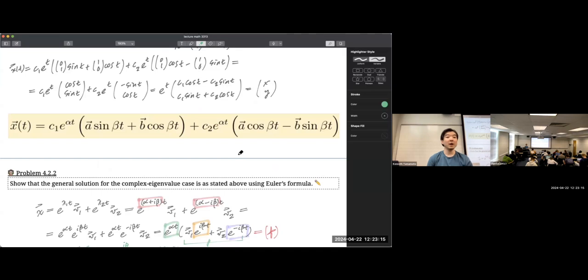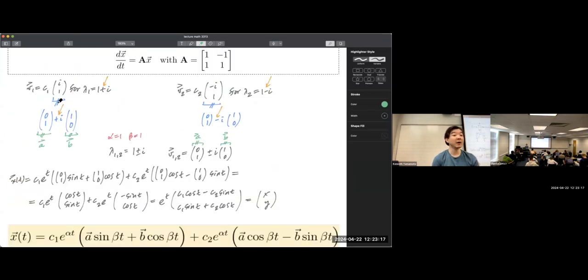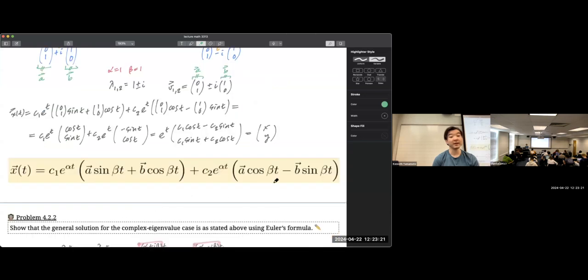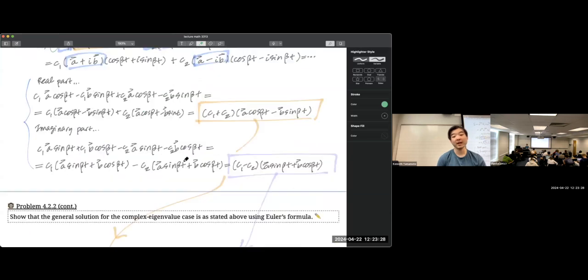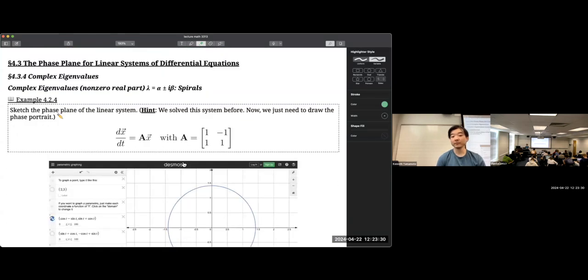What you do need to know is being able to take your eigenvectors and extract the real and imaginary parts, because those have to go into vector A and vector B. But it'd be good for you to understand how that formula for the solution came from Euler's formula. The next step is to draw the phase portrait like we did with the real eigenvalue case.